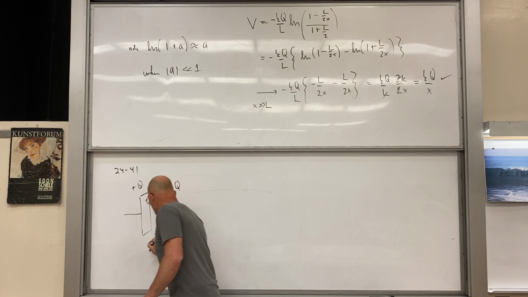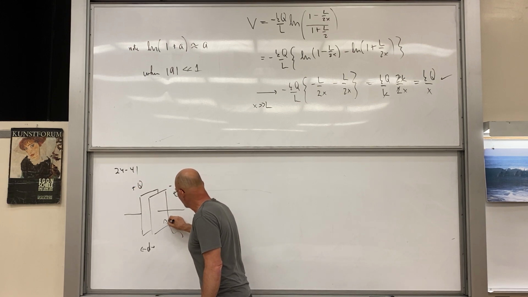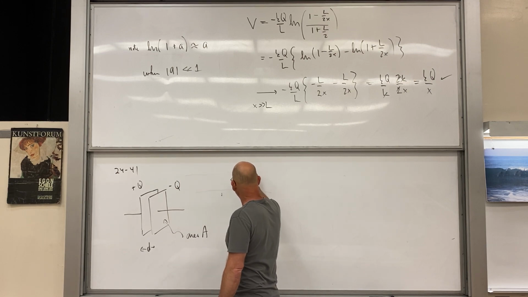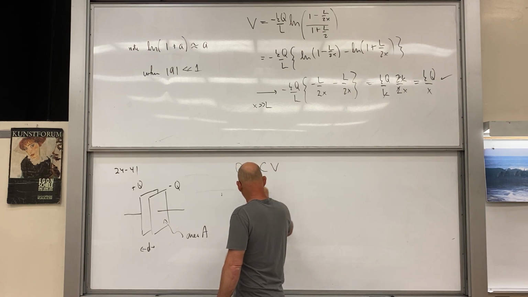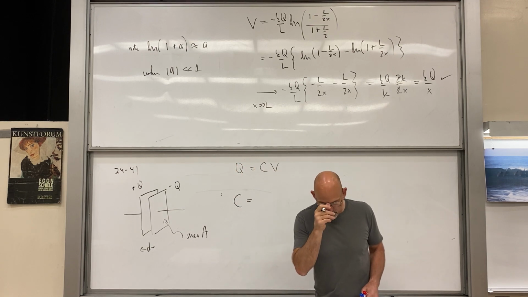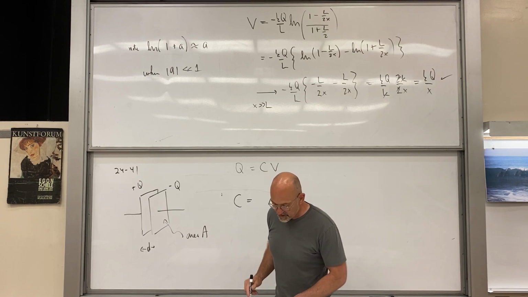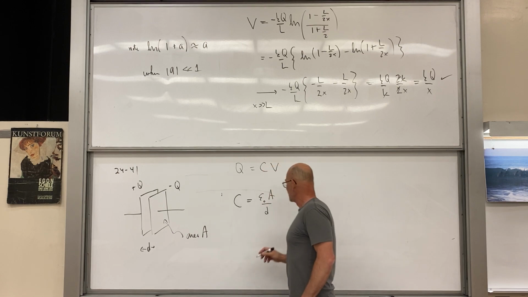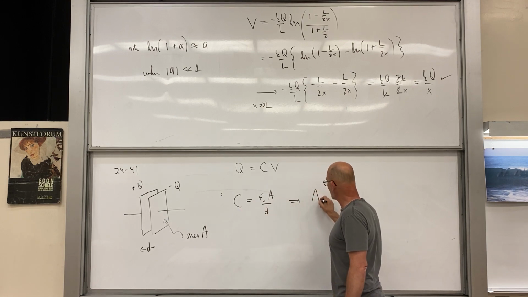There's a separation D between the plates, and there's an area A. So the capacitance, we have Q equals CV. Here we're not using the Coulomb constant, we're using epsilon naught. So C equals epsilon naught A over D. In the first part of the problem, we were given C and D, so we just solved for A.